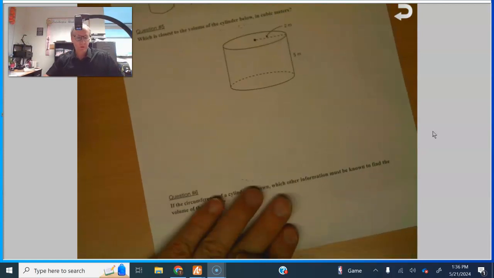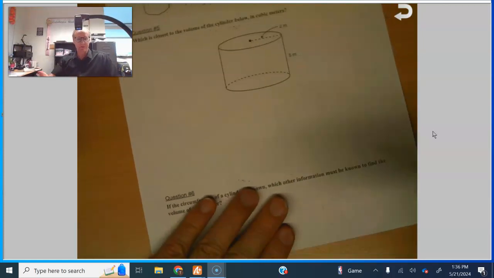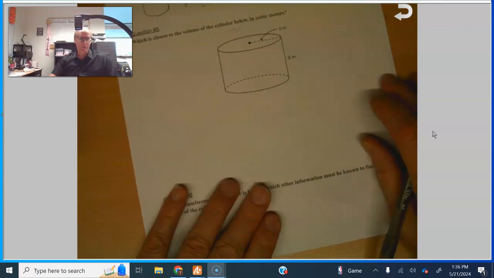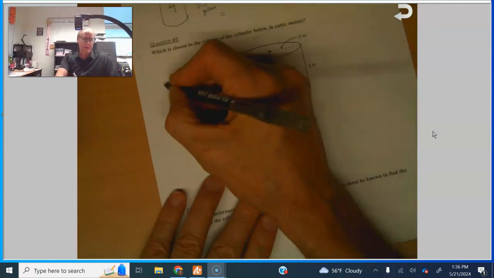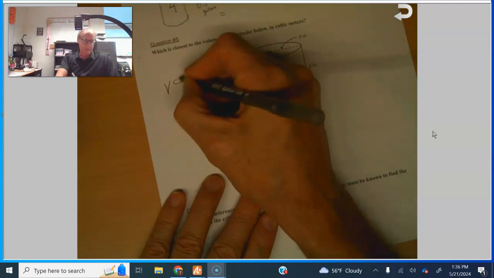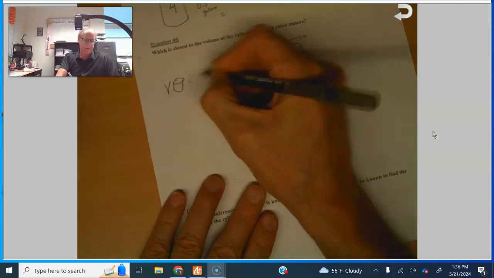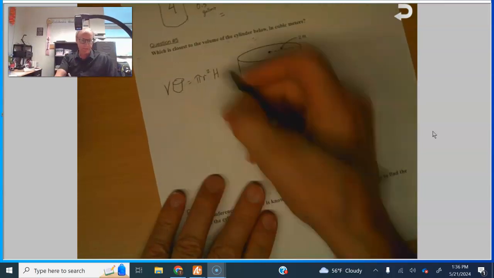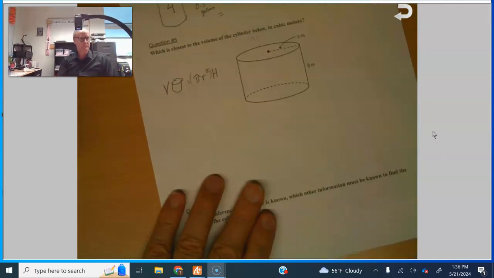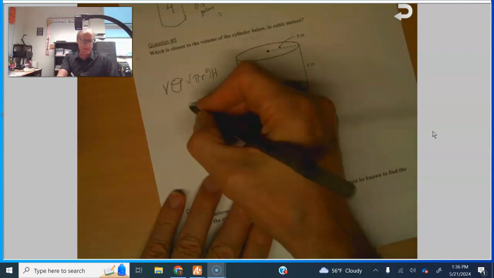Number 5, which is closest to the volume of the cylinder below? Now, I like to do both the exact value and the approximate value. So the volume, of course, of a cylinder is equal to pi r squared H, area of the base times the height. I'm going to substitute in my values.